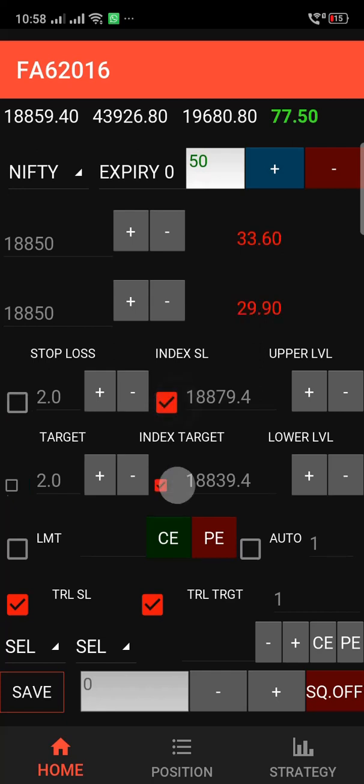Next, I have enabled index SL and index target and changed the upper and lower index level. Order is placed.